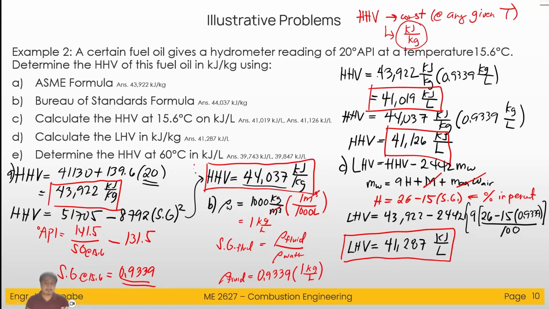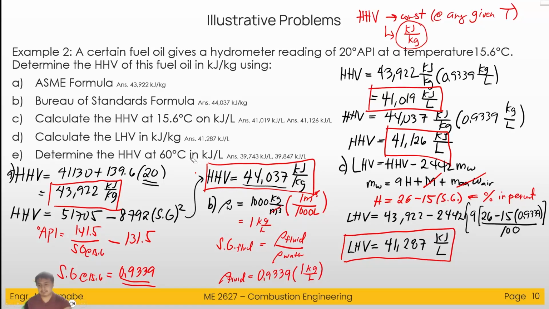But we know that the specific gravity will change depending on the temperature. Therefore, if the unit is in kilojoule per liter, it will be different because of the change in density.